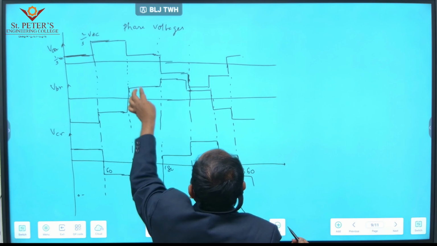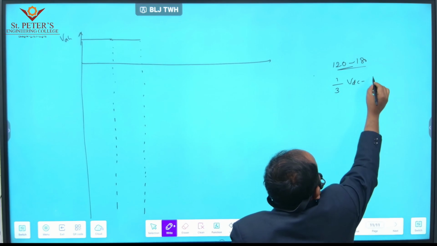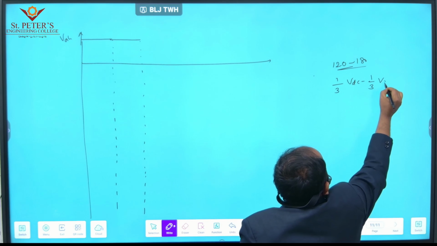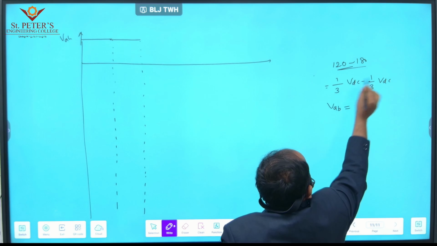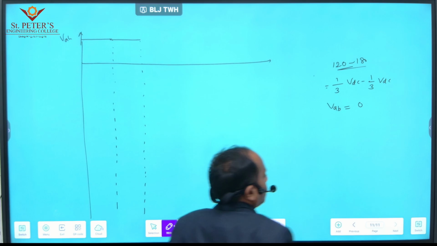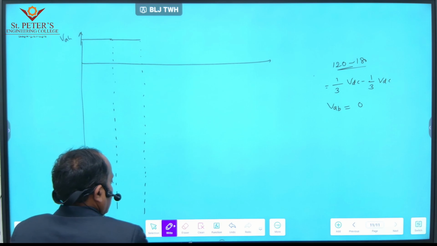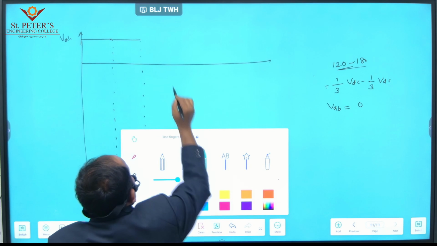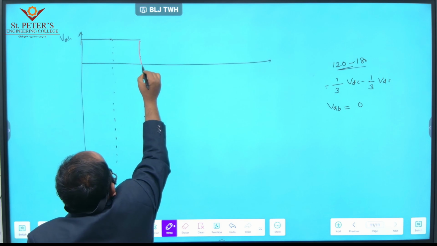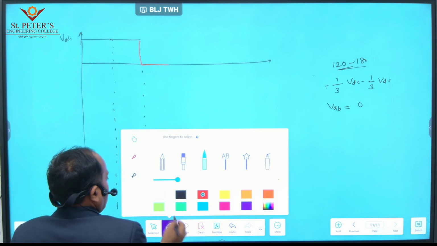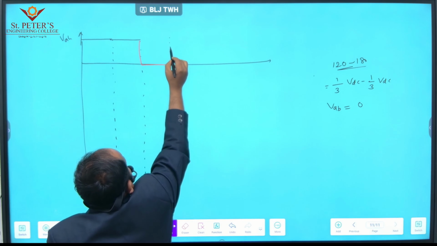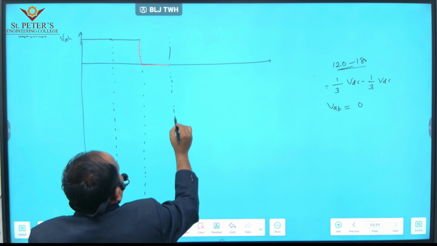VBN is also 1 by 3 VDC. So that's why VAB for 120 to 180 is 0. We cannot get any voltage for this period. So we cannot get any voltages from 120 up to 180 degrees.